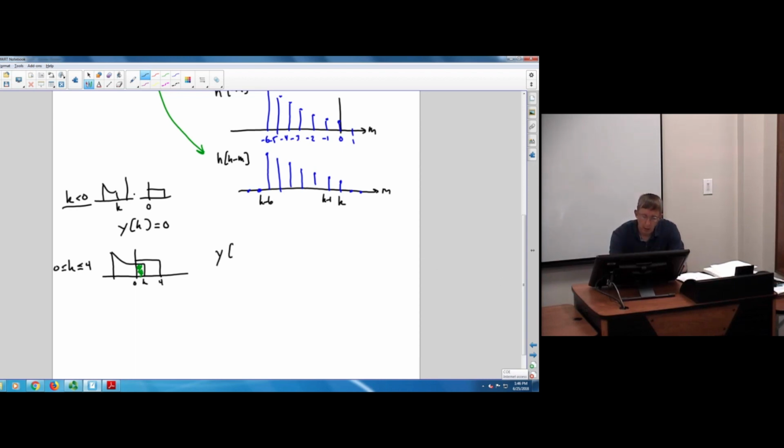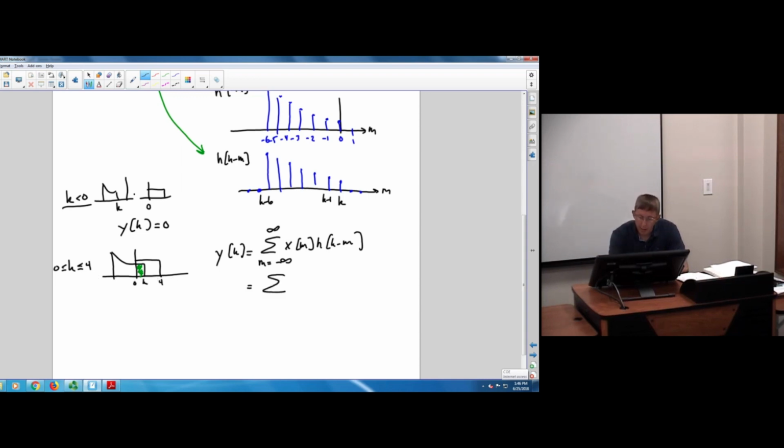So let's write this out. y of k equals the sum from m equals minus infinity to infinity of x of m h of k minus m. That's just the definition. Now we're going to simplify this for this picture right here. The overlap tells us how to change these limits. Down here, I get zeros because there's no overlap. Up here, I get zeros because there's no overlap.